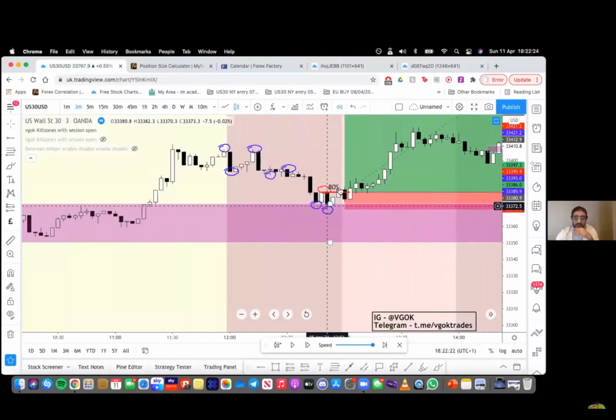It then had a minor break of structure of this mini, we'll call it a mini downtrend. So of this mini downtrend, we've got this break of structure to the upside, and then we have the retracement back into the area. I could have probably got a better entry, but I just entered off the open of that candle. Entry there, stops just below.